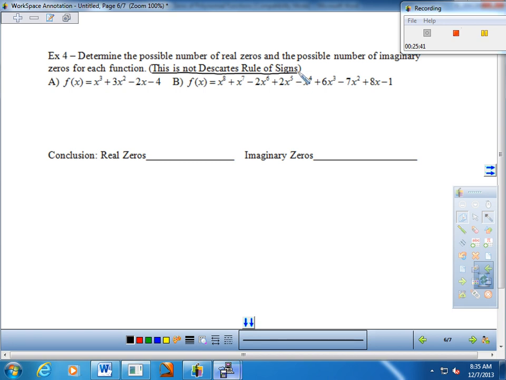Descartes' rule of signs just really specifically talks about real numbers, and it talks about possible positive and negative. Now this certainly is connected to that, but it is not Descartes' rule of signs. It's just really talking in very general terms about real zeros versus imaginary zeros for any polynomial function of n degree.